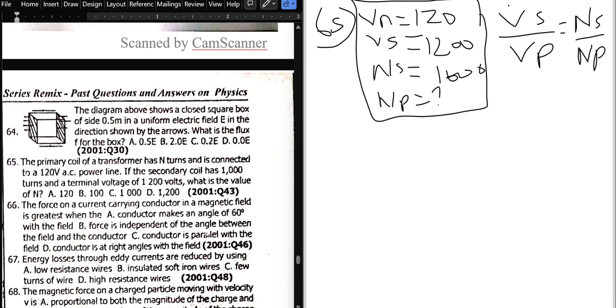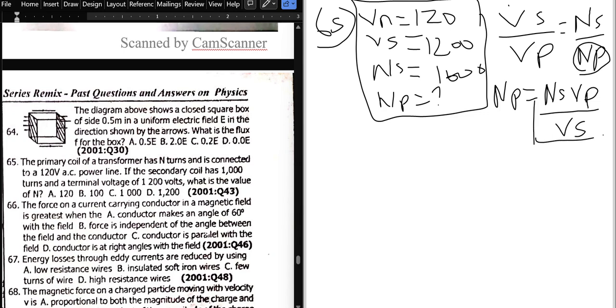Yes, that's the formula. But now we're looking for primary turn. So primary turn, NP, is equal to secondary turn times primary voltage over secondary voltage. All right, plug in your numbers and solve. Good luck.